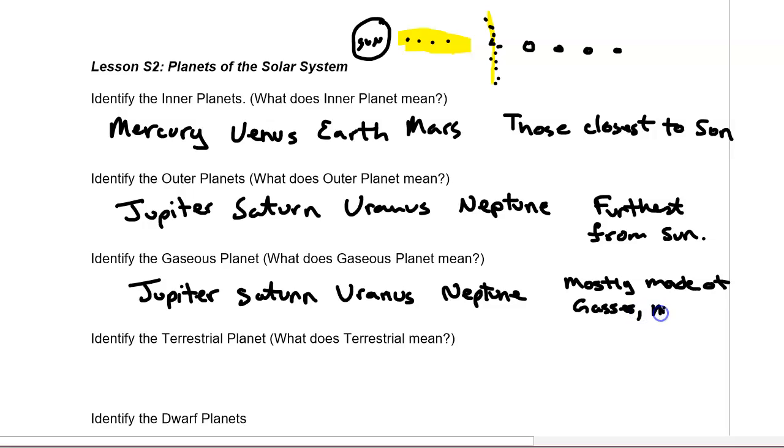So they will have no true surface, simply because of their composition.